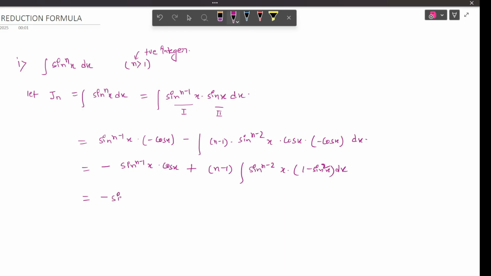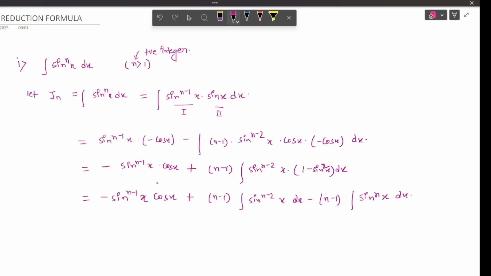So it would be minus sine to the power n minus 1 x cos x plus n minus 1, and if we break this, this will be integration sine to the power n minus 2 x dx minus n minus 1 integration sine to the power n minus 2 x into sine square x, that would be sine to the power nx dx.